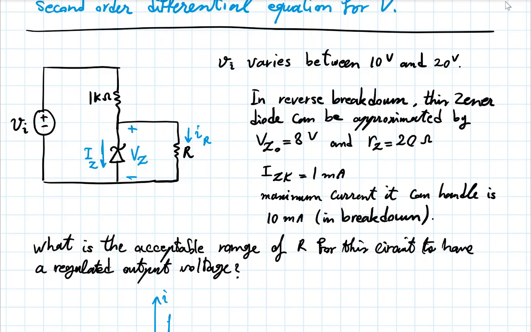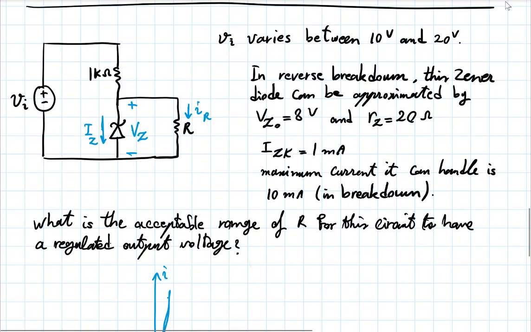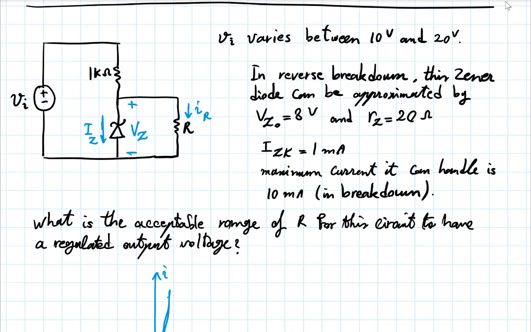So my concern really is that I want Iz to be within these limits indicated, and IR something that's not changing a whole lot. So that means that if I call this IS, as in the source current, then IS, by KCL at that node, is the sum of Iz and IR. That IS is going to vary more or less the same way that Iz does, because the variations in IR are going to be small.